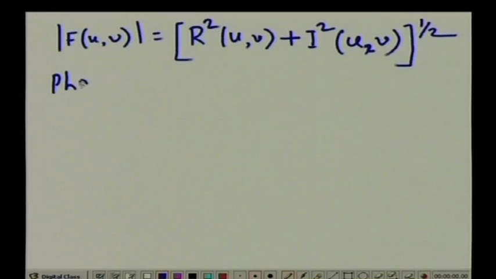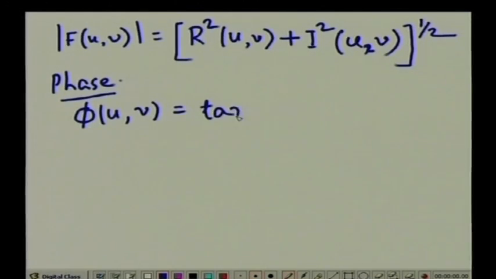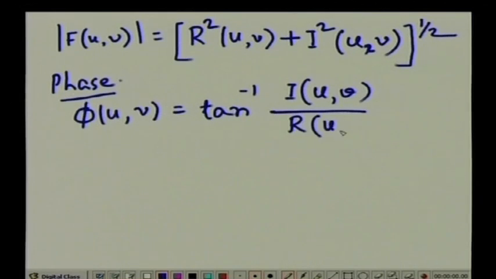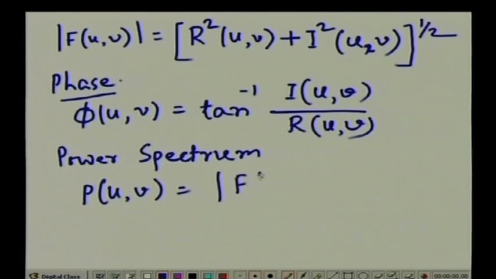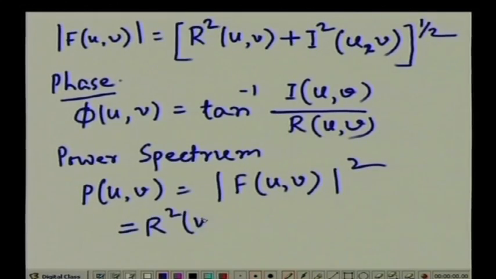We can get the phase angle in the same manner: the phase angle phi(u,v) is given by tan inverse of I(u,v) by R(u,v), and the power spectrum in the same manner we get as P(u,v), equal to |F(u,v)| squared, which is nothing but R square (u,v) plus I square (u,v).